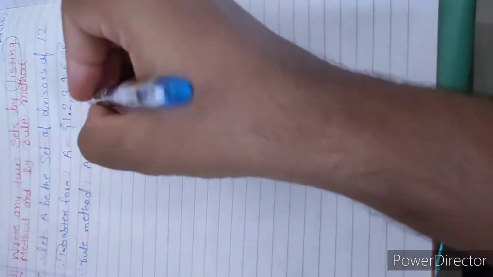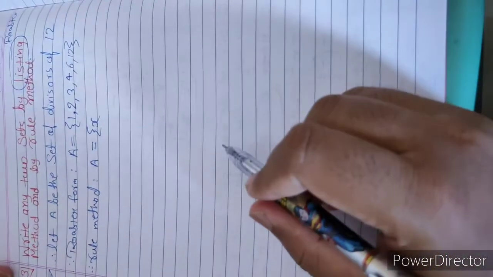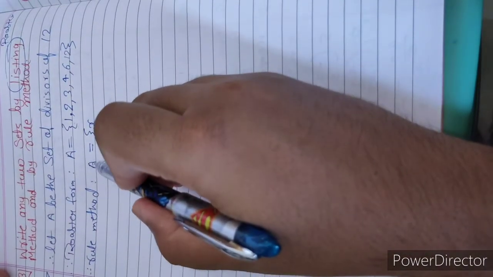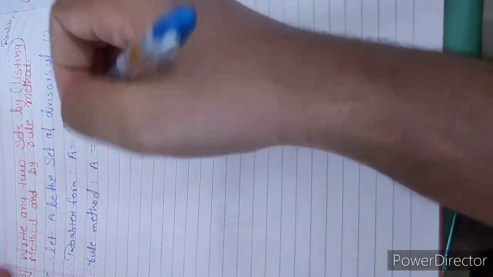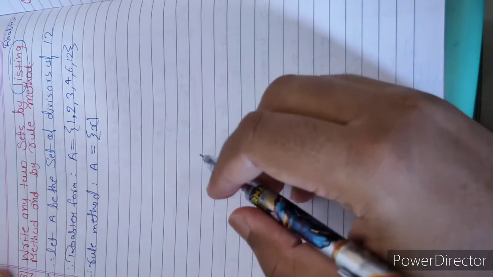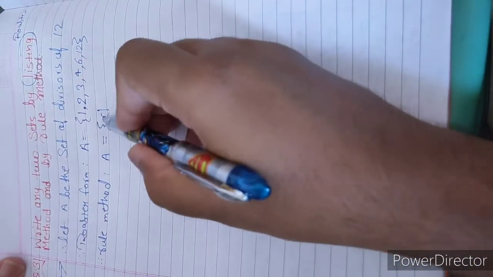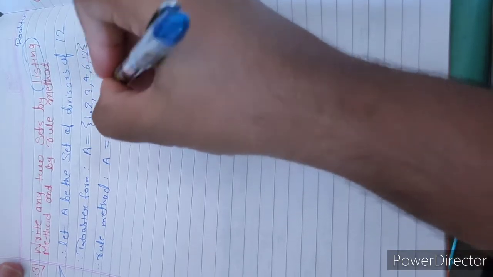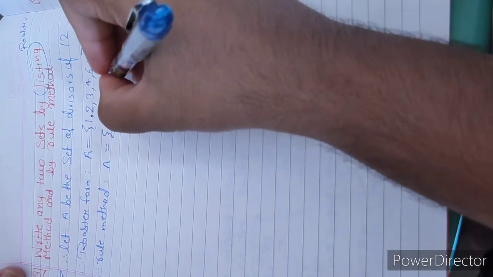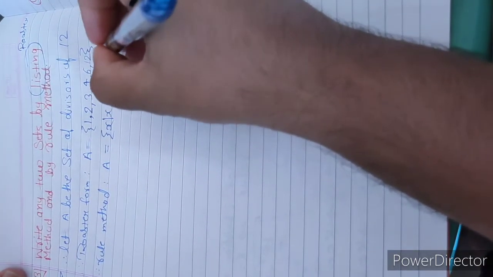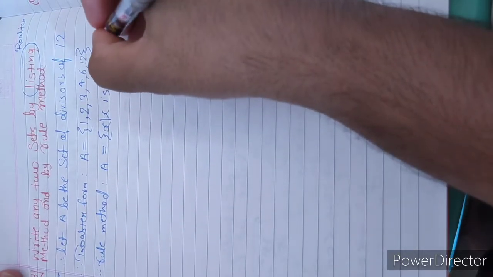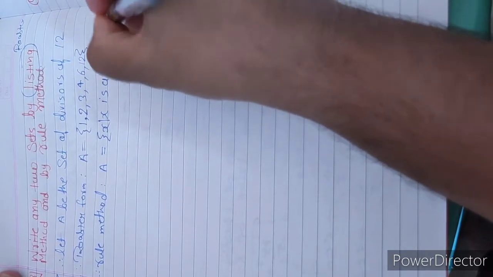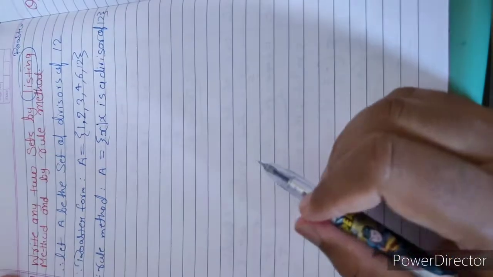So here I am considering x. A is the set of x, and the standing line is called such that. A is the set of x such that x is a divisor of 12.